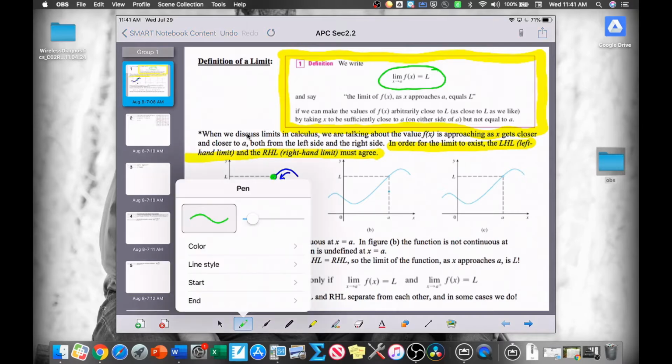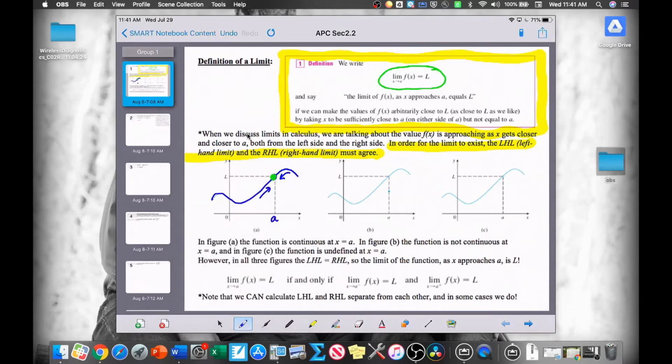Now, in the second situation, the limit still exists, but here we've got something else going on. I know it's a little bit hard to see in your paper, but we have a hole right there in our function, and the value at a is actually someplace else down here. Now, I want to make it really clear that the value of the function and the limit of the function do not necessarily have to agree in order for the limit to exist.